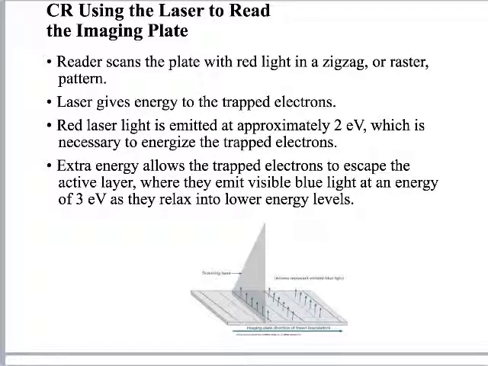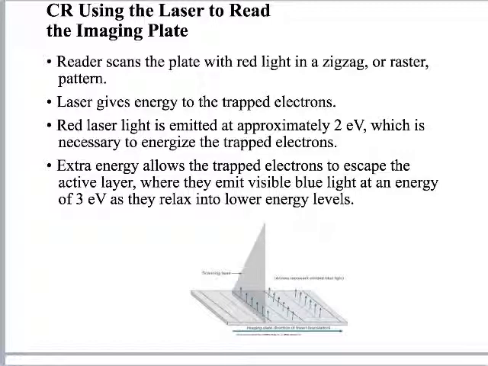The laser gives energy to the trapped electrons, and the big takeaway here, and this is really, really important, a major point that we're going to talk about today: the laser is red. The light that the PSP gives off is blue, or violet, but blue.